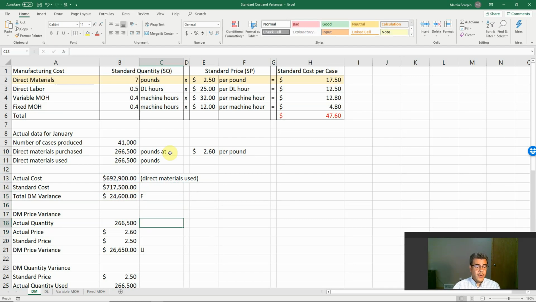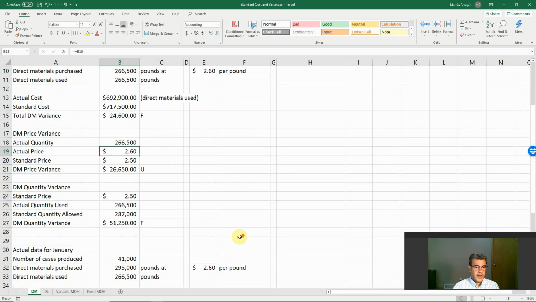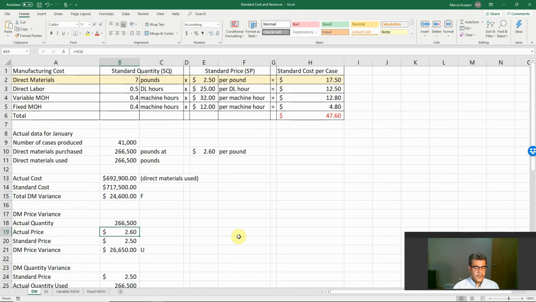Let's work with our price variance and quantity variance. Price variance, purchase. Because we are working with price, of course, we need to work with the purchase number.